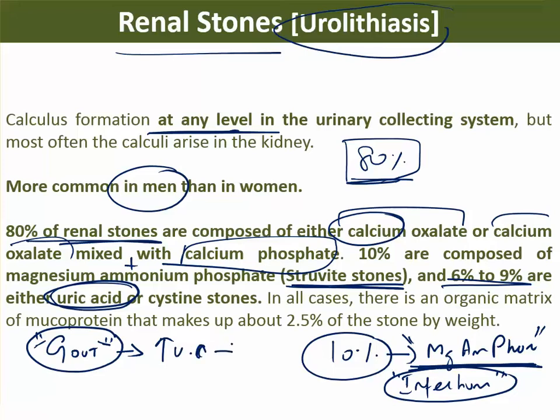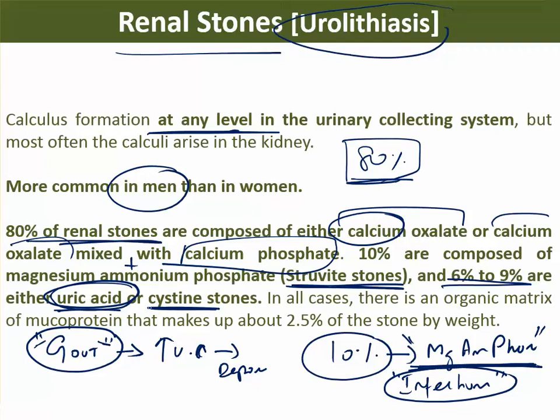That uric acid deposits in the soft tissues near the bone as well as in the kidney. If it deposits in the kidney, it forms uric acid stones. Calcium can also join with uric acid.